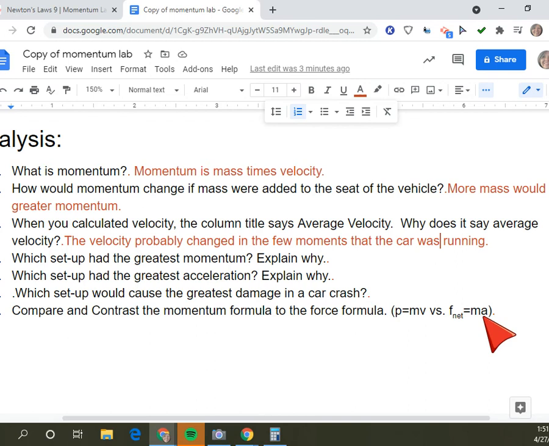We know that acceleration involves velocity. We can see that they are very similar formulas because they're both talking about movement. They both rely on the amount of mass that an object has. So go ahead and answer something about that.